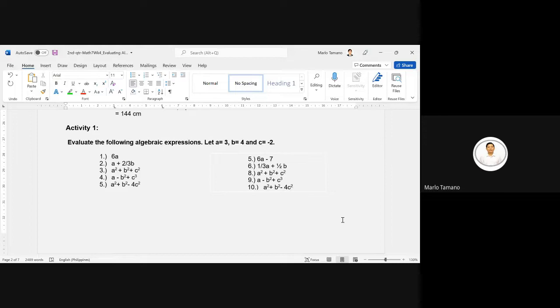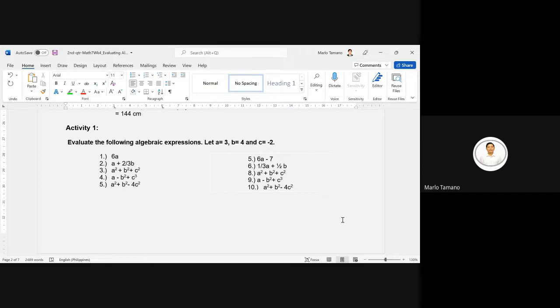Ang galing mo. Ang sagot sa number 3? 21 po. Bakit 21? 29 po, sir. 29. 3 times 3, 9. 4 times 4, 16.